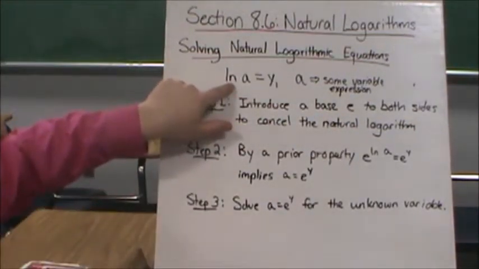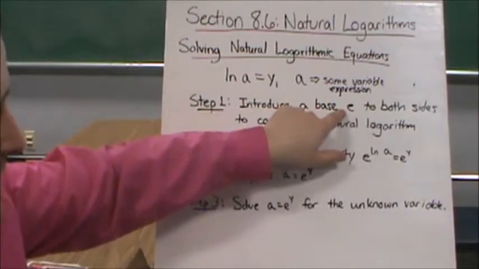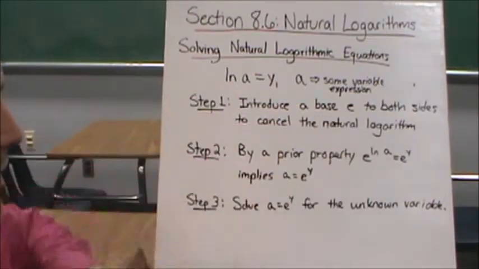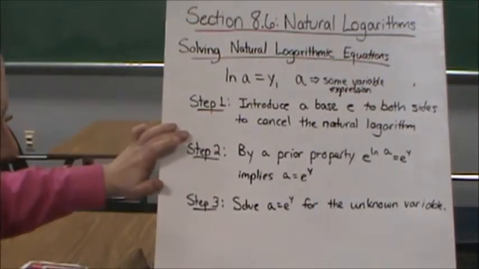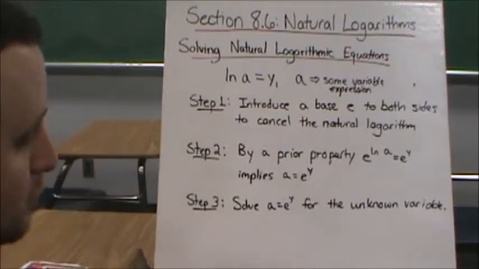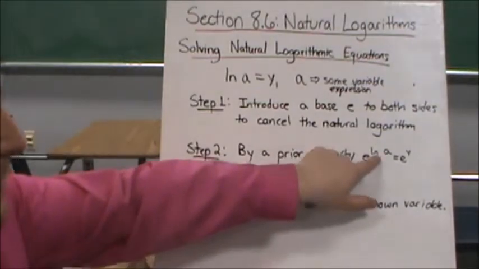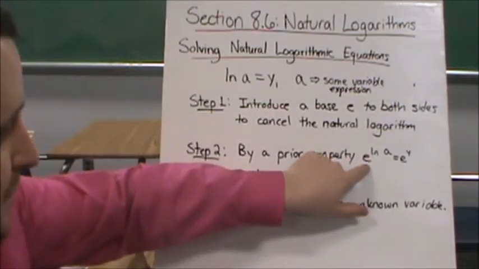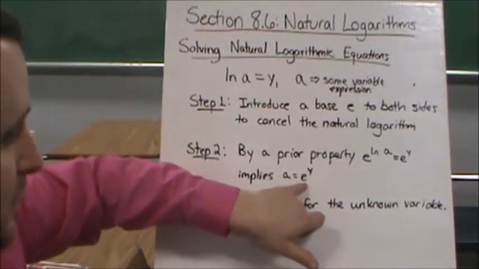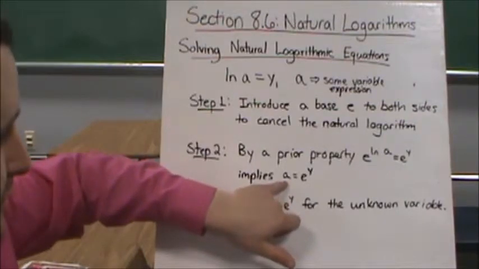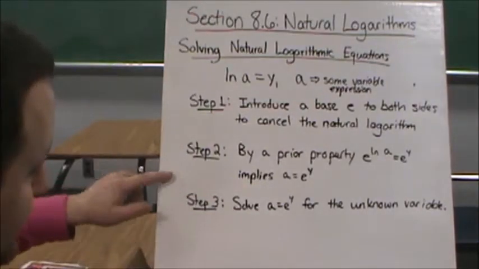Remember, the base here is e, so to cancel ln we have to raise it to the same base. That leads us into step 2. By a prior property of exponential and logarithmic functions, if you raise ln of a to a base of e, the e and the ln cancel, and you're just left with a is equal to e to the y. Now remember, this a is just some variable expression with an x in it that you're going to be looking to solve for. And that leads us into the 3rd step.